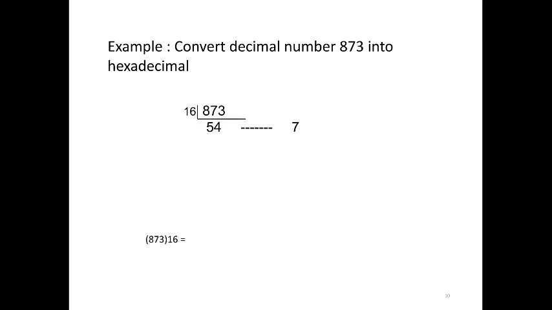First they divided by 16, which gave quotient 54, and the remainder you got was 9. Next again, 54 divided by 16 gives 3 and the remainder you got was 6. Next, 3 is less than 16, so the quotient is 0 and the remainder is 3. So in reverse order, if you write, what is the hexadecimal equivalent value for this 873?